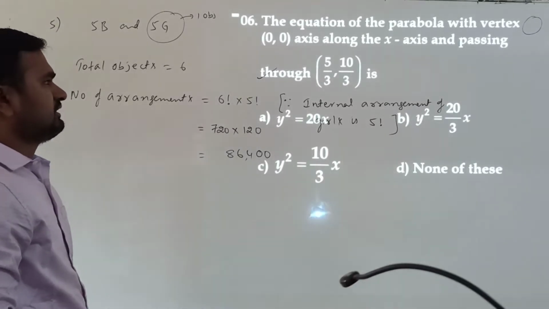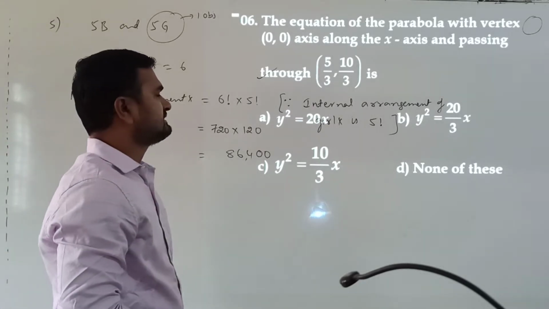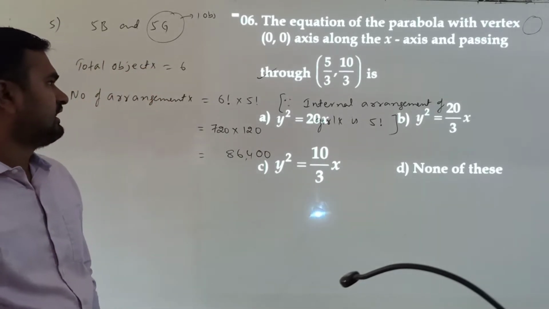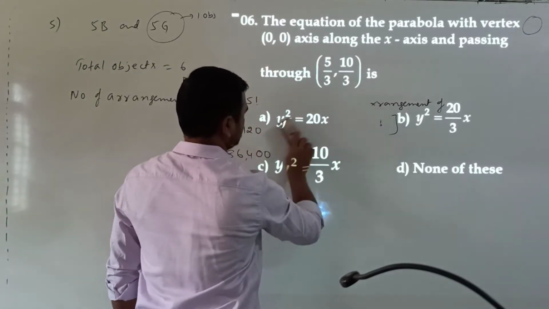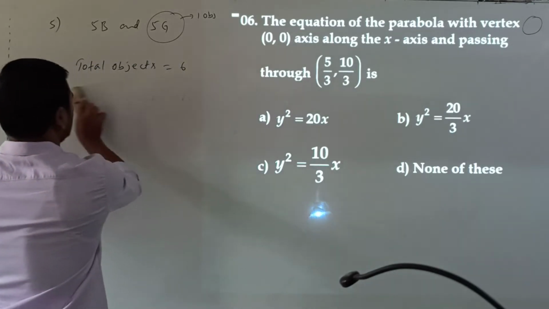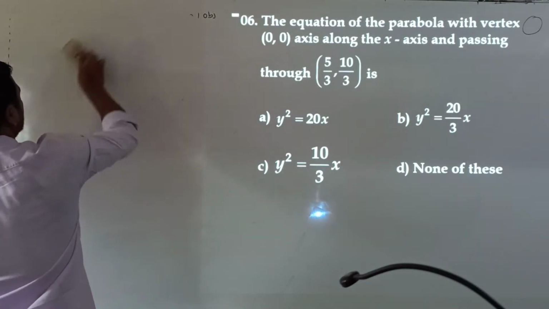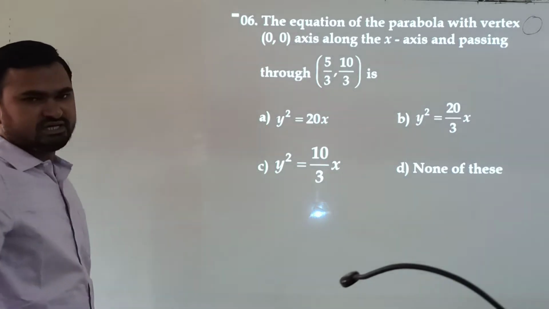The equation of a parabola with vertex at origin (0, 0), axis along x-axis and passing through the point (5 by 3, 10 by 3) is. So we need a parabola whose vertex is at origin. Vertex at origin means it is in the standard form.